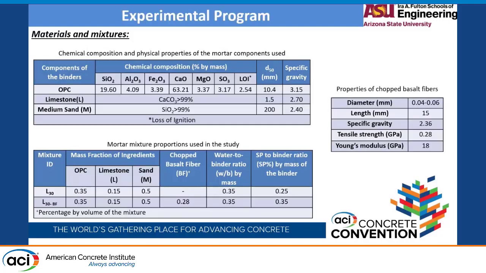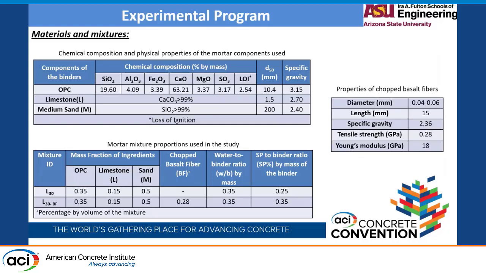So the experimental program. The materials used in this study were ordinary Portland cement, limestone, and medium sand. The mortars were comprised of 50% cementitious material and 50% sand. We replaced 30% of OPC with limestone because it gives us a lot of flexibility in printing and allows printability of the structure to be more enhanced.